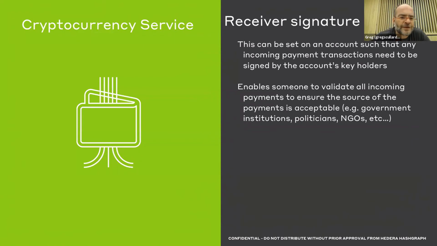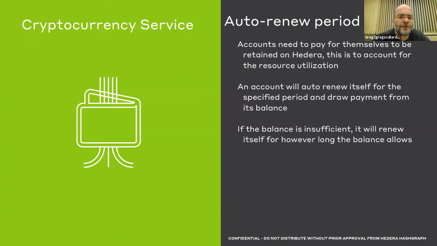So that's what receiver signature stands for. And again, potentially lots of interesting use cases around that, or maybe a way to attract non-crypto people, or people who fear crypto, to Hedera Hashgraph because of that capability.